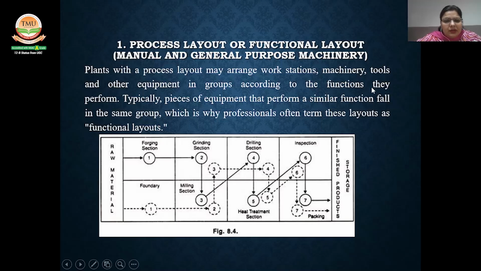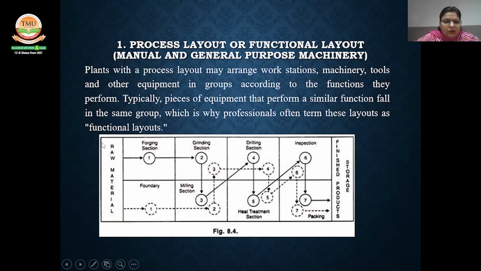Machinery, tools, and other equipment are grouped according to the functions they perform. Typically, pieces of equipment that perform a similar function fall in the same group, which is why professionals often term these layouts functional layouts. Let's understand through the diagram.